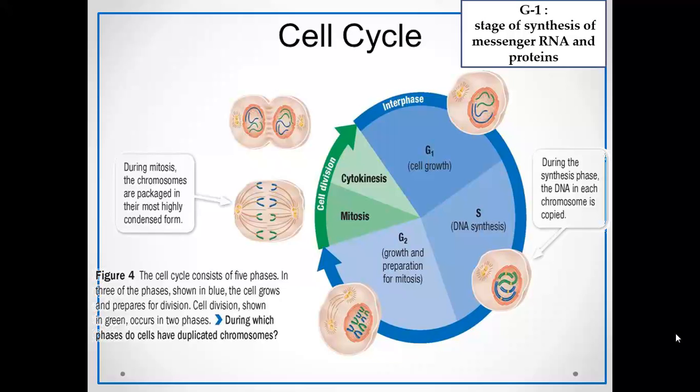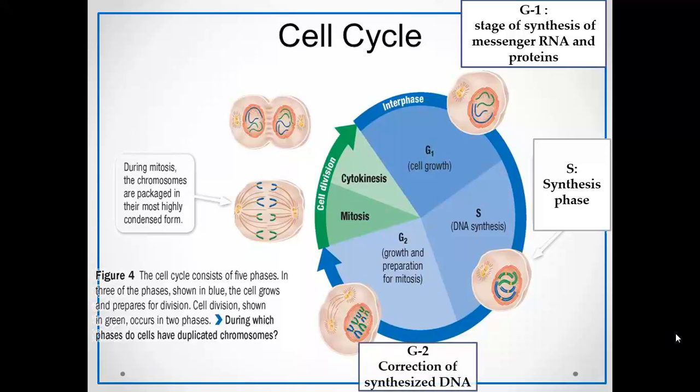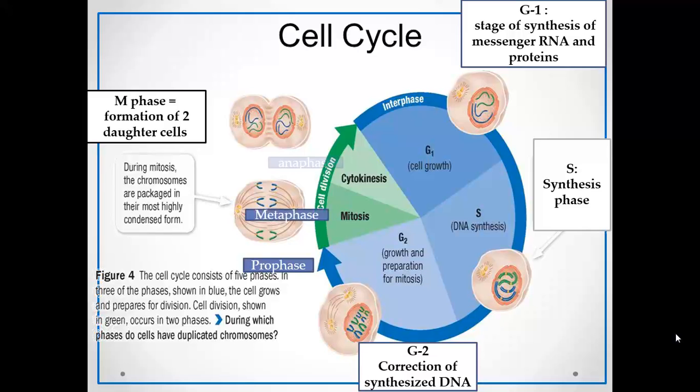So the G1 stage is the synthesis of RNA and proteins. S phase is the synthesis of DNA. G2 is the correction of the synthesized DNA. And M phase is the formation of two daughter cells. This is in general, with prophase, metaphase, anaphase, and telophase.